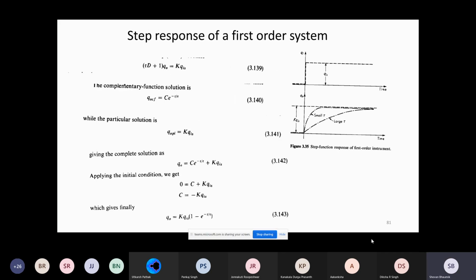So here I was saying that for any instrument, we have a transfer function, and that can be achieved by modeling the instrument using the laws of physics. After we get the transfer function, we know the instrument properly. Now if some input is given to that instrument, we get an output, and the output will vary with time. How can we decide what the output will be? Mathematically, if we know the transfer function, it is not very difficult.